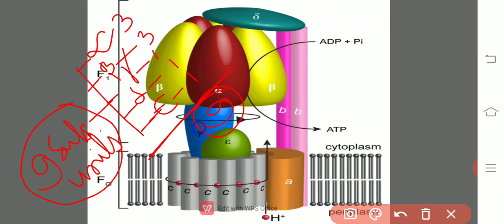Totally 9 subunits, which belong to 5 groups.